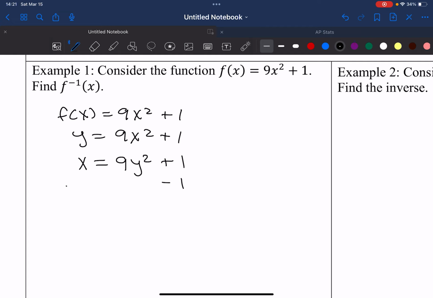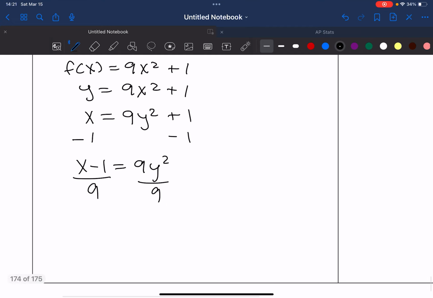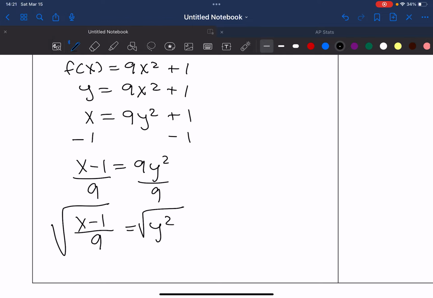So I'm going to subtract 1. So I have x minus 1 is equal to 9y squared. Then I'm going to divide by 9. And I have x minus 1 divided by 9 is equal to y squared. And then I'm going to take the square root of both sides.